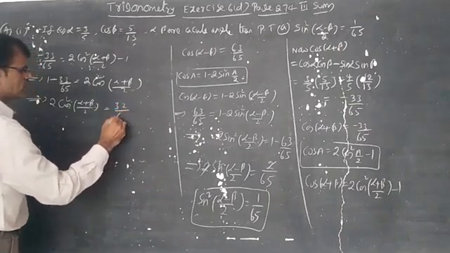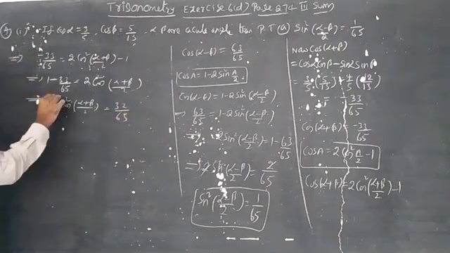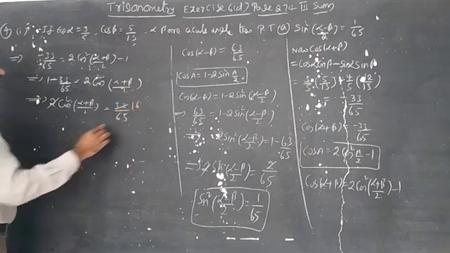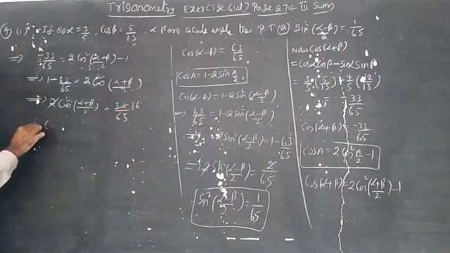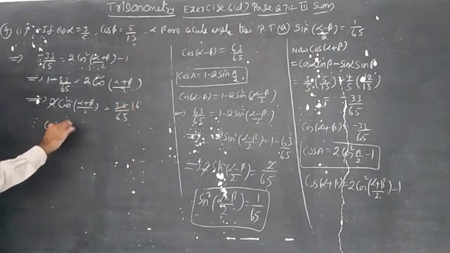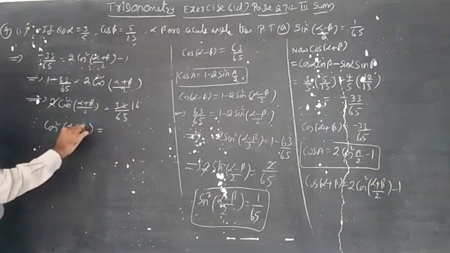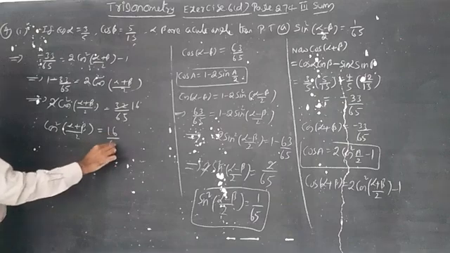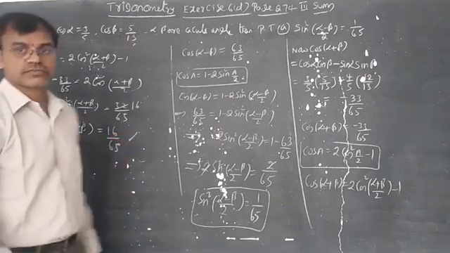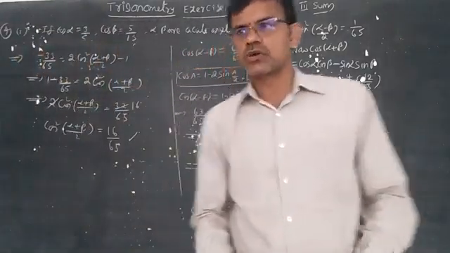Take an LCM, you can write here 32. Divide by 2, 32 by 2 is 16. Therefore, cos square of alpha plus beta by 2 is equal to 16 by 65. This is the answer. So 2 parts we have completed.